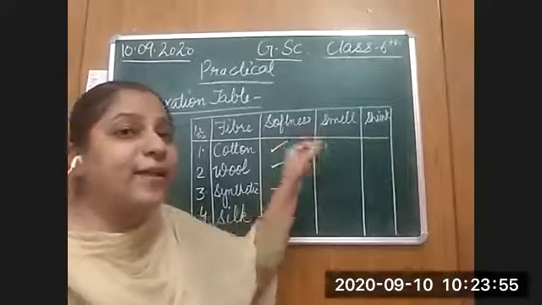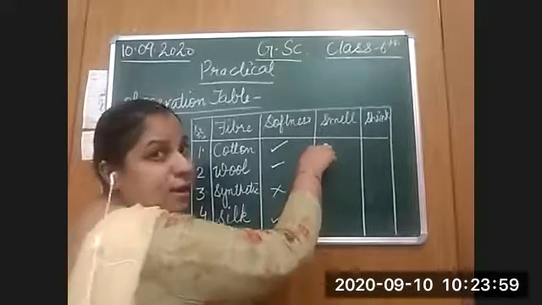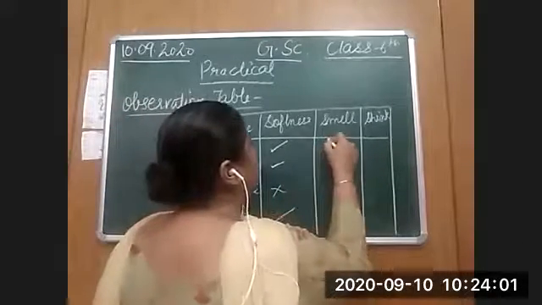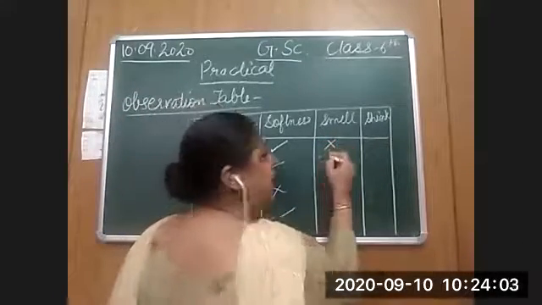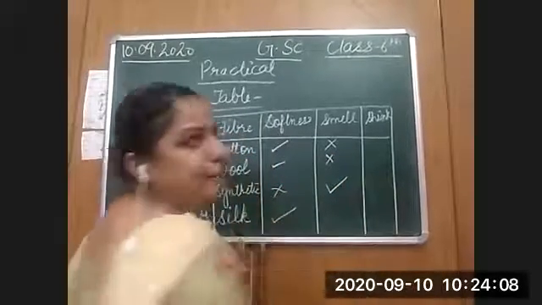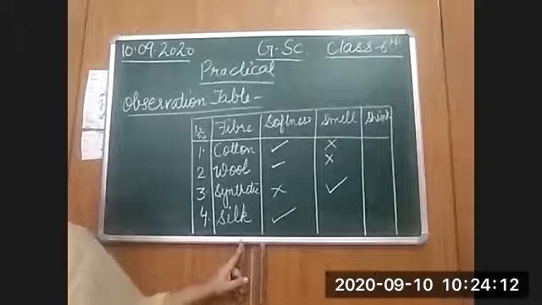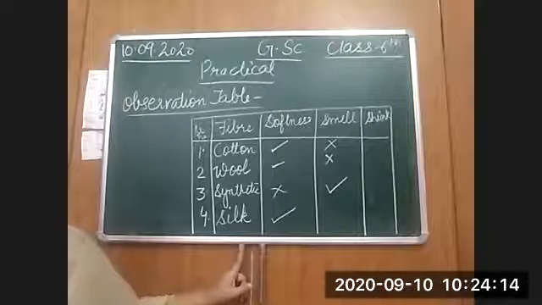Now, when you bring the fiber near the candle, when you try to burn, smell आएगी cotton से? There is no smell. Wool से there is no smell, but with synthetic there will be a smell. Right? Because it is made of chemicals.